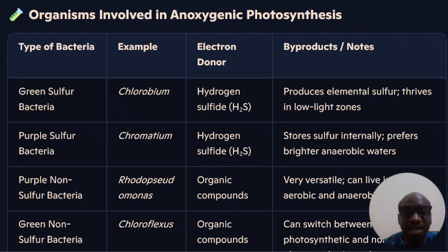These are organisms that are involved in anoxygenic photosynthesis. We have the green sulfur bacteria, the purple sulfur bacteria, and purple non-sulfur bacteria.